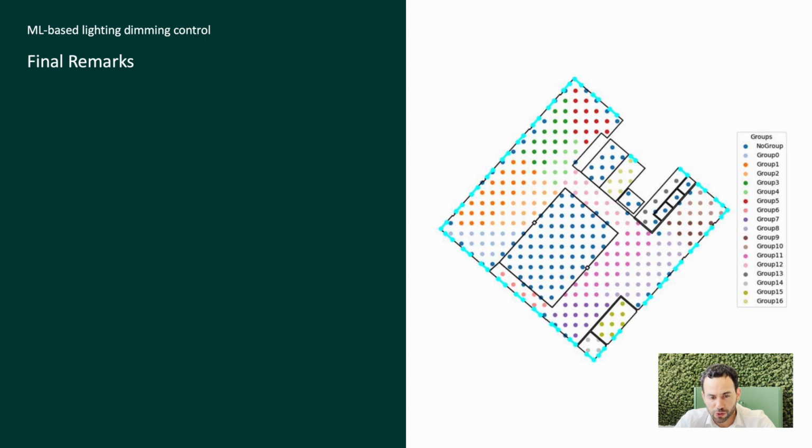And that's it. So we're going to talk about a bit of the final remarks. This process is very scalable, as I mentioned. It takes about the same time to calculate 1 or 100 lighting groups, and that's one of the benefits of using machine learning models. And the process is flexible.